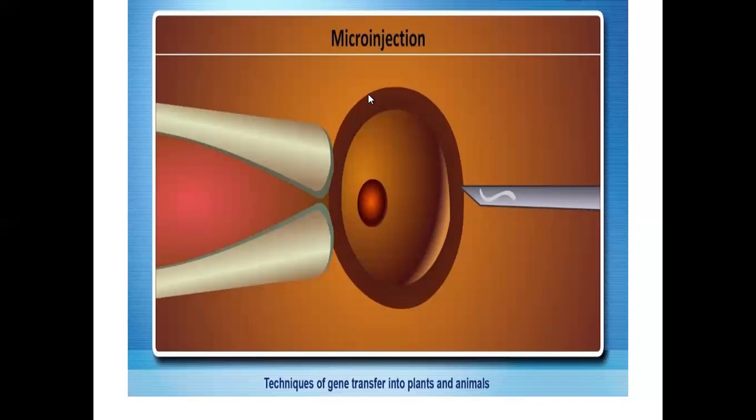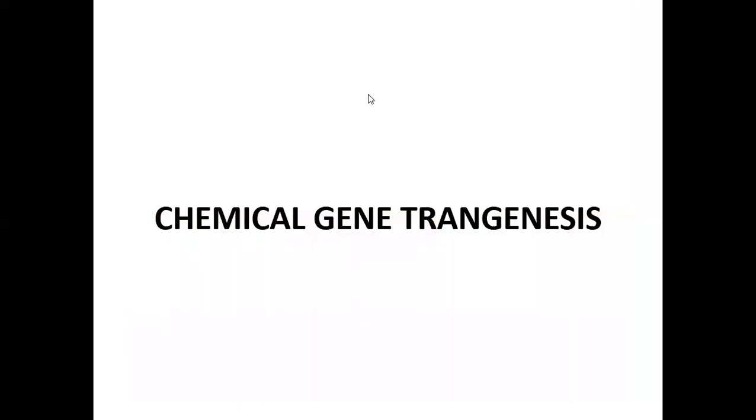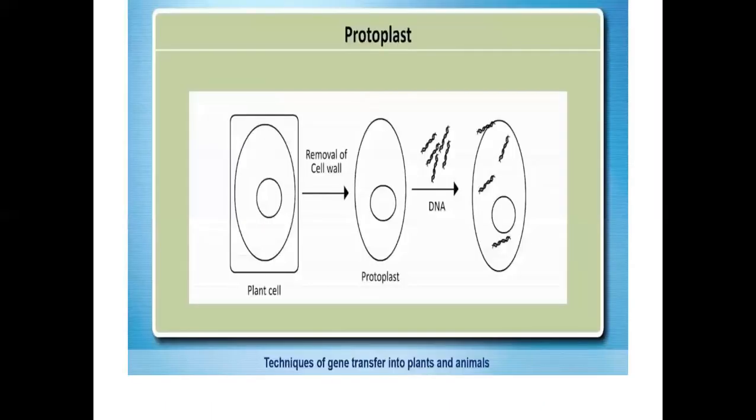The next one is chemical gene transfer techniques, chemical gene transgenesis. In these chemical gene transfer methods, the selected DNAs, means target DNAs, enter into target cells with the help of chemicals.